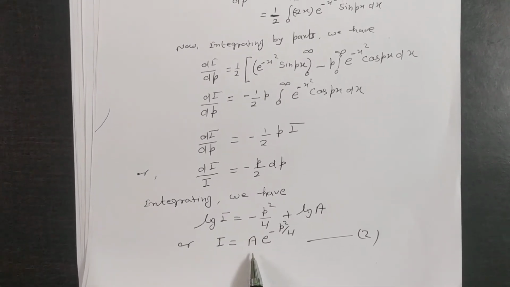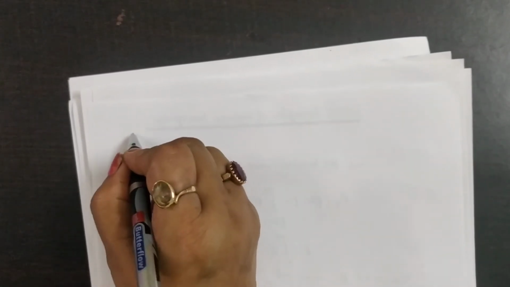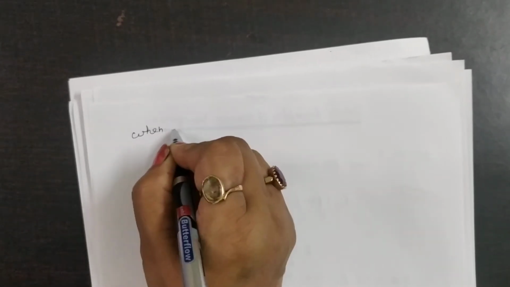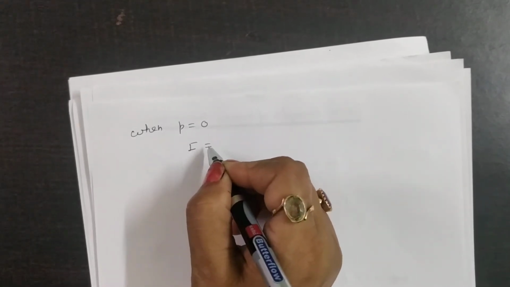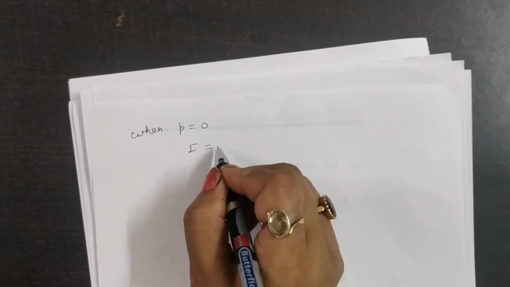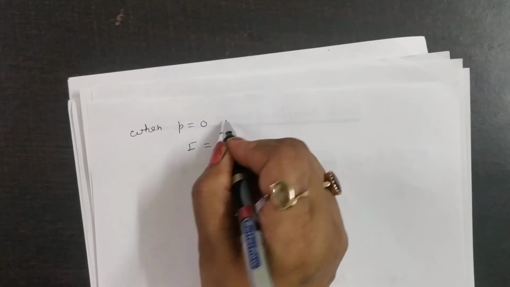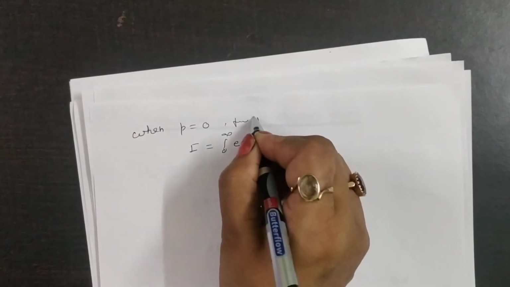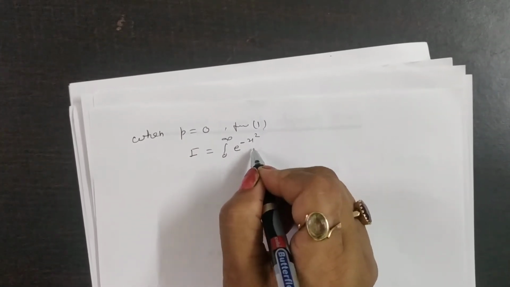Now we want to calculate a. When p is equal to 0, from equation 1, I is equal to the integral from 0 to infinity of e to the power minus x square times cos 0, which is 1, dx.